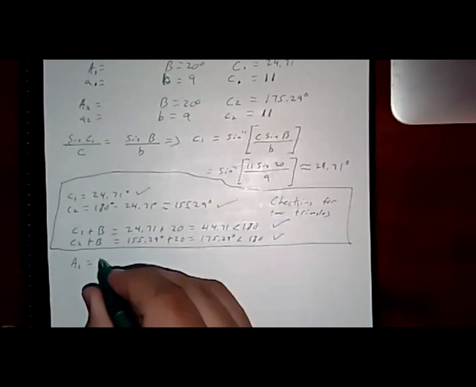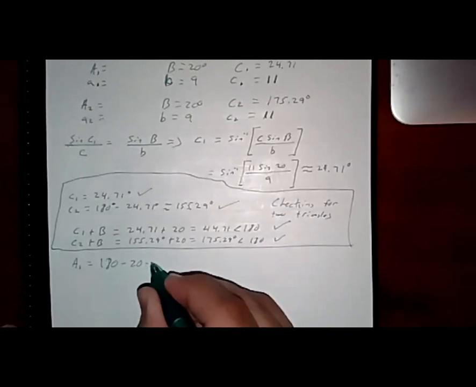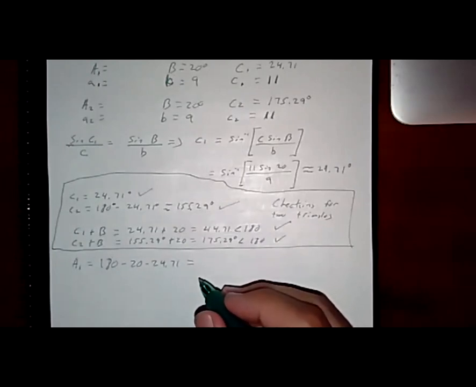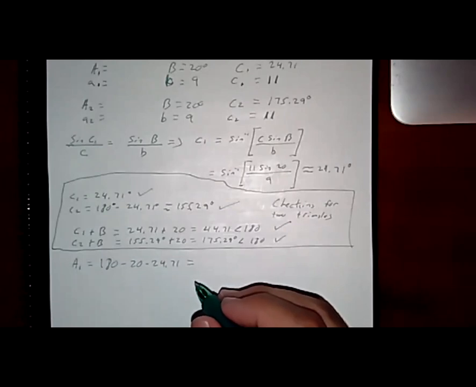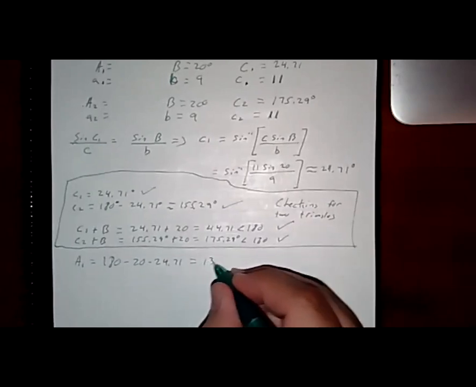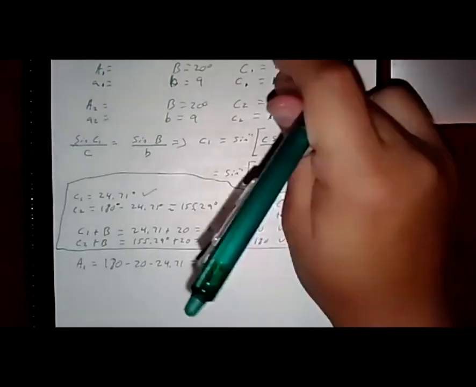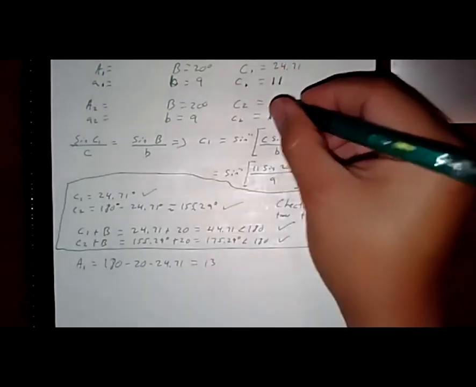Okay, A1 will be equal to 180 minus 20 minus 24.71. So that'll be something. Let's see. 180 minus 20 minus 24.71. Sorry, what's up? Go ahead. C2, isn't it 155.29, not 175 up top? Yes. Okay. The sooner you tell me, the better. Thank you.